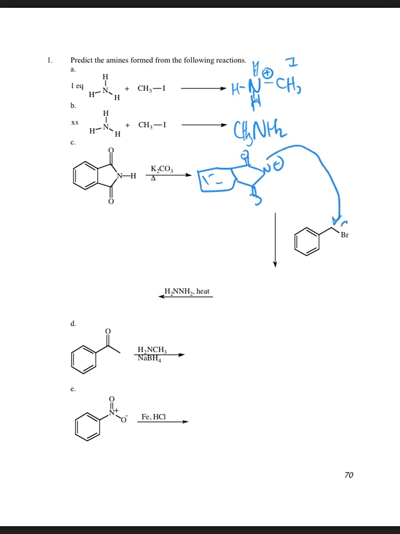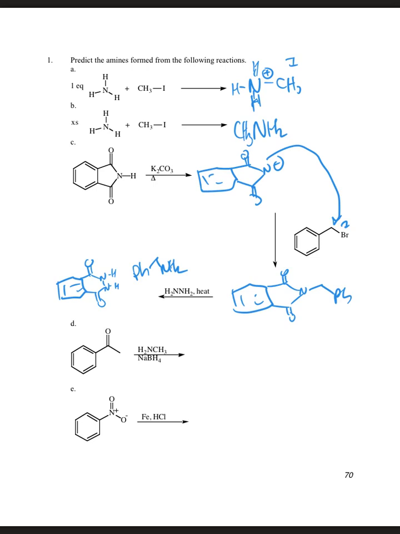That can do an SN2 on benzyl bromide to give that, and then hydrazine or acid and heat cleaves it out. Hydrazine is going to give us the ring system with the nitrogens, along with the benzylamine. And the important part of this is the benzylamine.